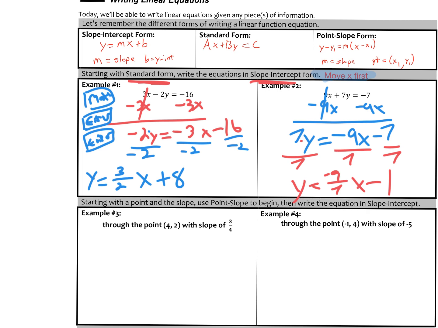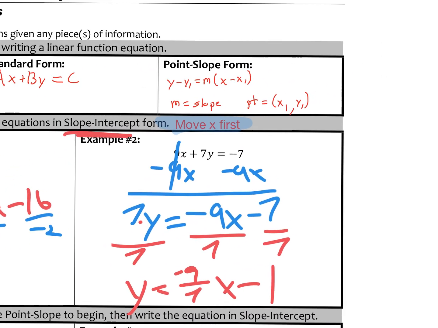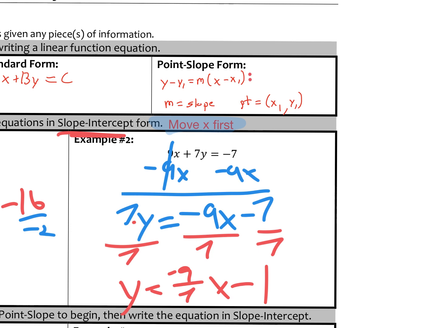So now we're going to kind of unite two. I give you information, we're going to put it in point slope form, and then we're going to change it to slope-intercept form. I'm actually going to change the point slope form here. We're going to write it a different way: y equals m(x minus x1) plus y1.